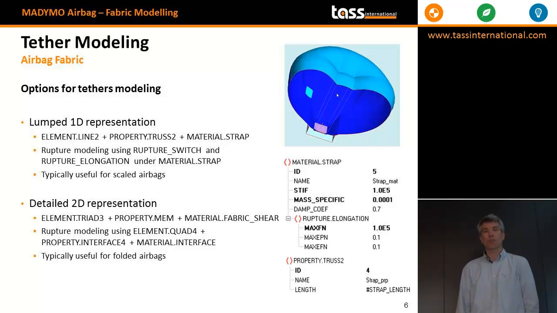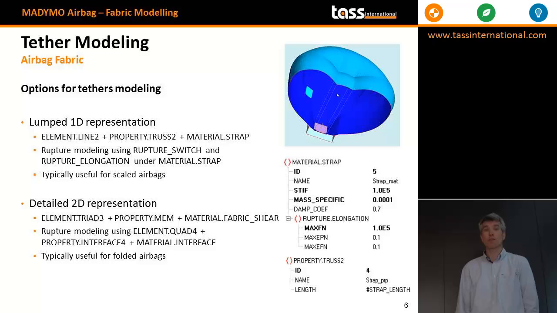As said in the previous presentation, you can apply tethers. Tethers are used to control the shape of the airbag in the deployed state. This can be done in two ways. One is the 1D approach, or the more detailed approach with membrane elements. In this picture, you see an example of the line 2 element. We recommend to use material strap for that, in combination with truss. If you like, you can even define rupture failure.